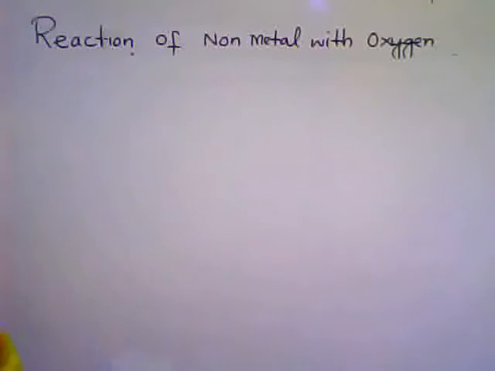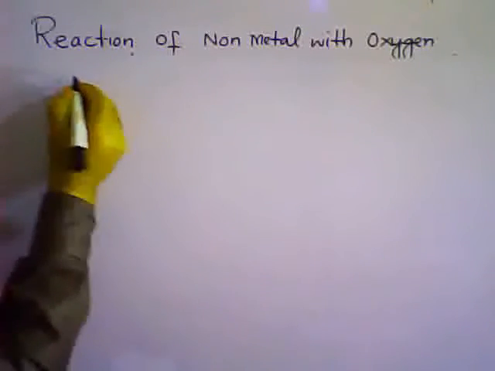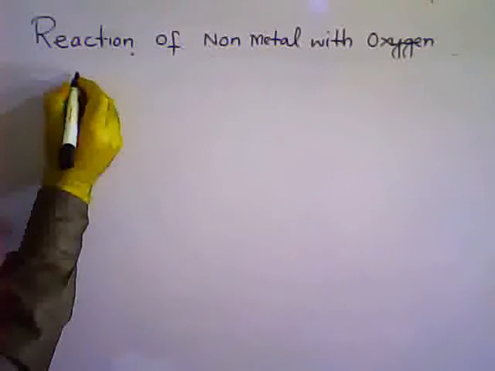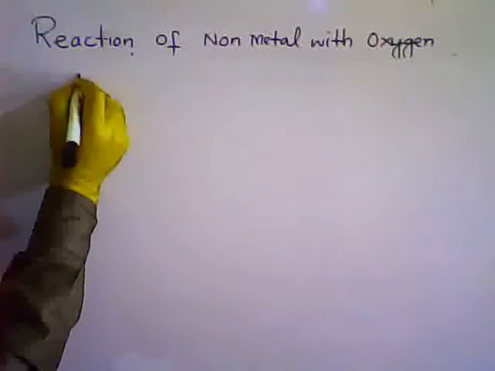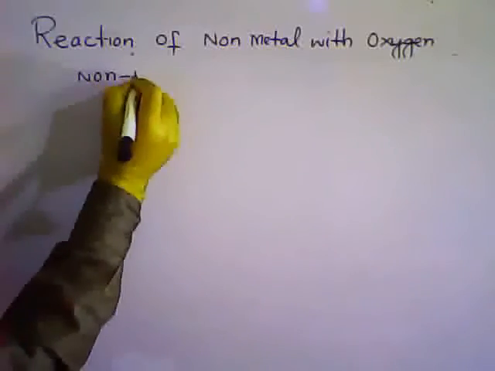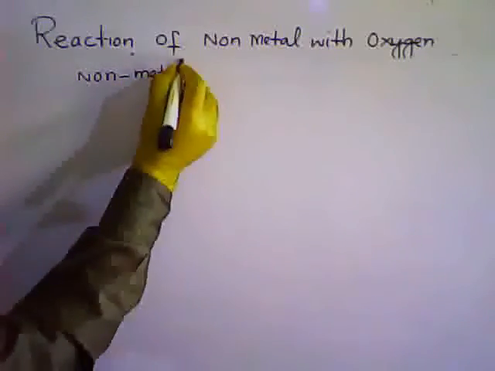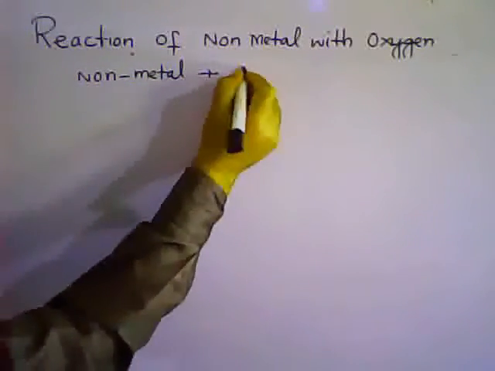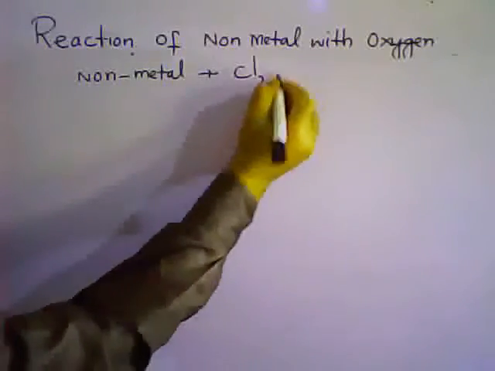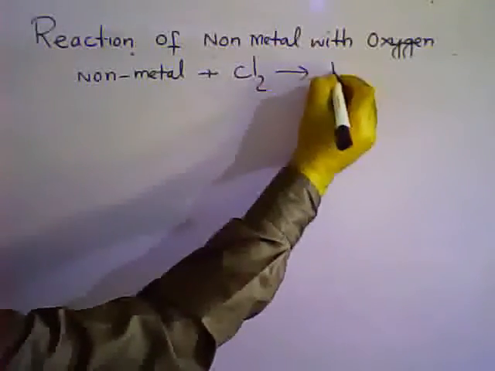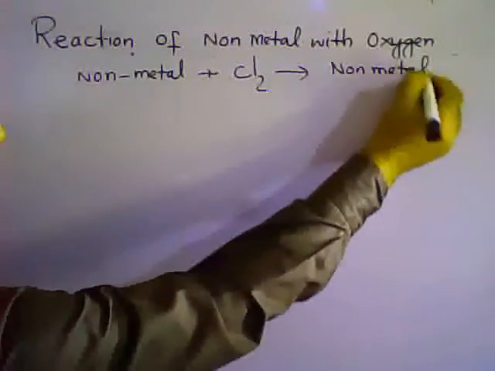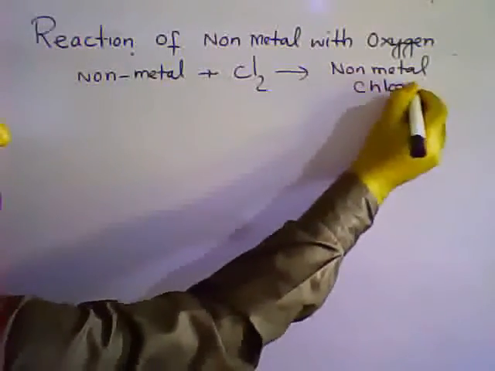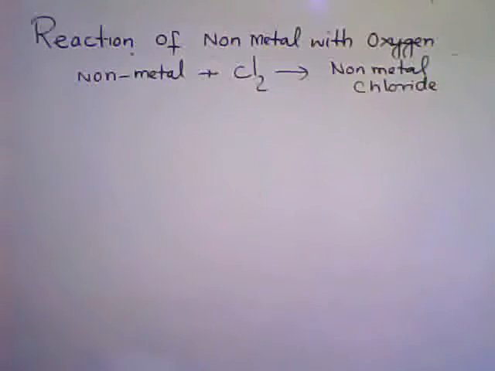So we'll write a statement that is non-metal plus chlorine will give non-metal chloride. Okay, here they are forming non-metal chloride.